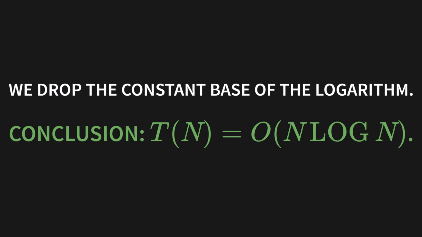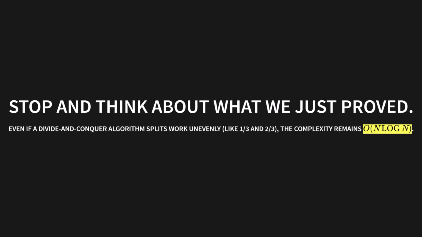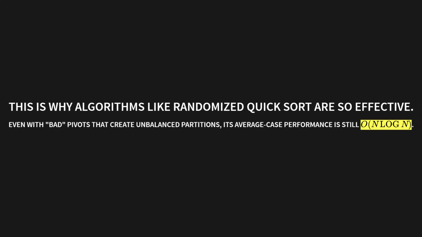Stop and think about what we just proved. This is a profound result. Even if a divide and conquer algorithm splits work unevenly, like 1/3 and 2/3, the complexity remains O(n log n). It behaves just like a perfectly balanced algorithm. This is why algorithms like randomized quicksort are so effective.